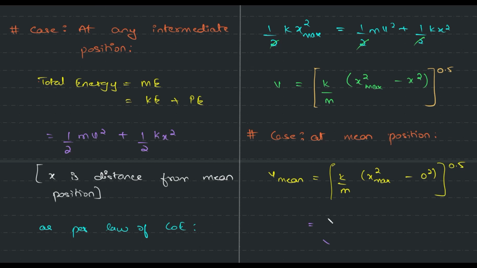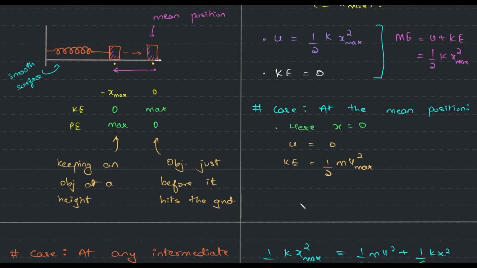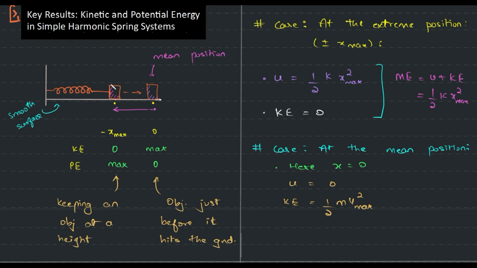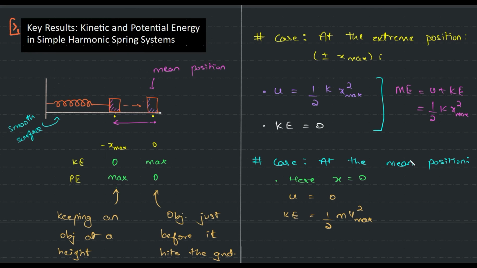So this is nothing but the square root of k by m times x max. Okay, guys, so that would be your velocity at the mean position. So basically it is the maximum velocity any object attached to a spring will gain. So these are the key results that we'll be using on and off. You need to figure out how to derive it yourself as well. Quite simple actually.